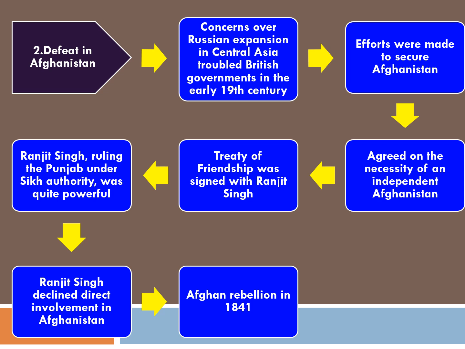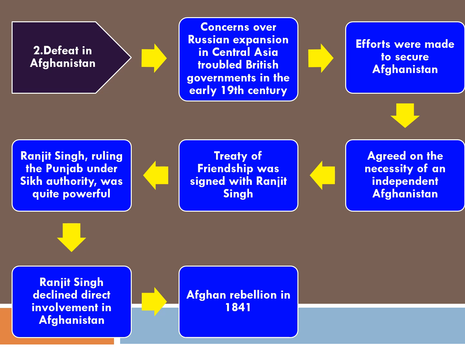Both the British and Ranjit Singh agreed on the necessity of an independent Afghanistan, and the British hoped the Sikhs would assist in establishing a friendly ruler in Kabul, but Ranjit Singh declined direct involvement. Consequently, the British attempted to influence the region through Afghanistan in 1839.